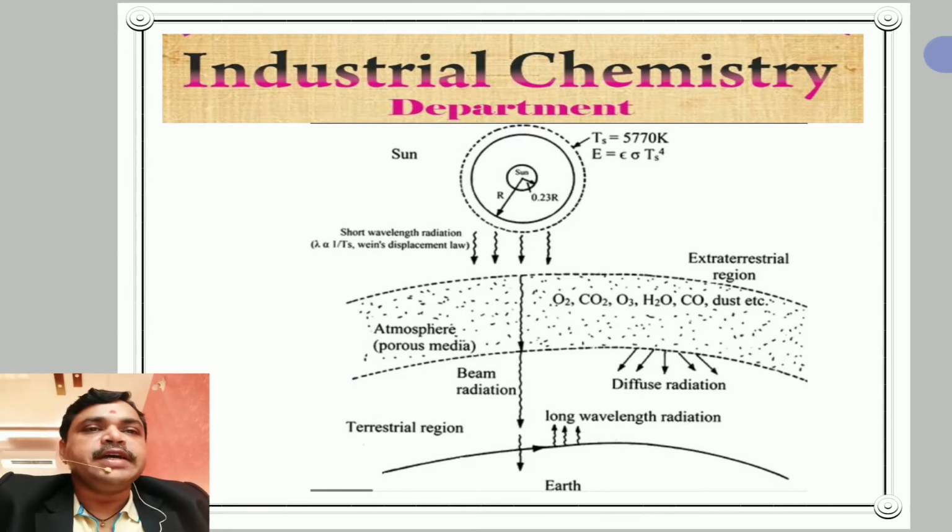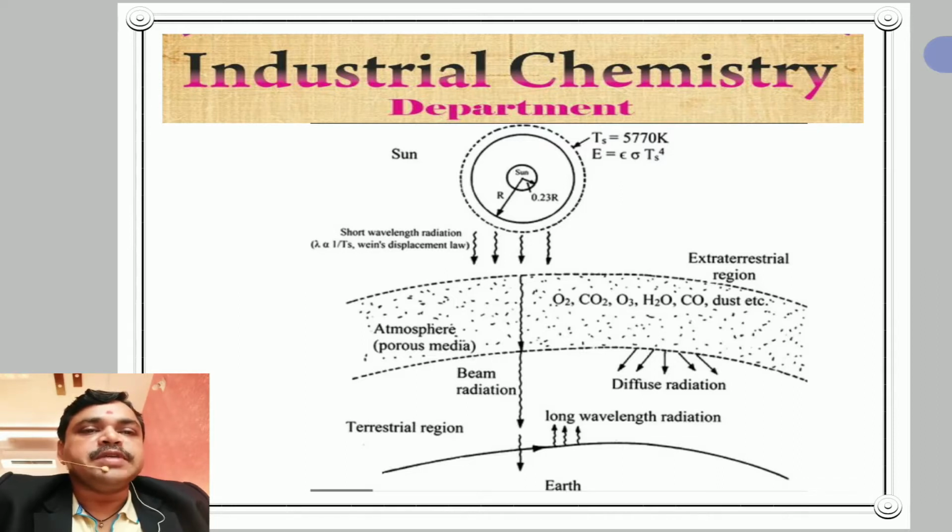We show here in the figure the sun radiating its radiation, which passes through our atmosphere. The atmosphere is a porous medium, and some gases we see above, oxygen, carbon dioxide, ozone, water, carbon monoxide, dust, etc. are present in this atmosphere.